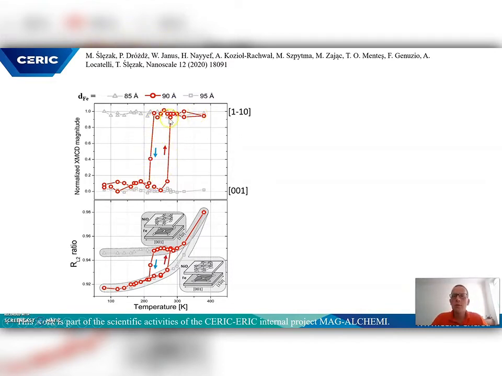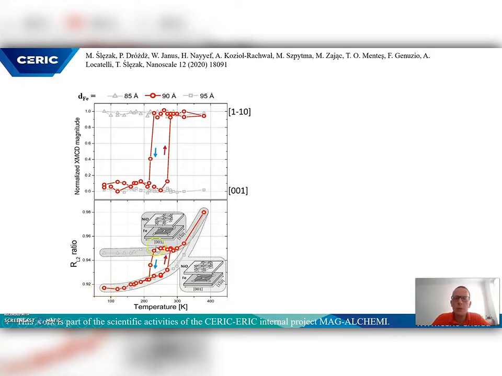And so we have this expected thermal hysteresis of transition. The most important thing now is to take a look at what happens with XMLD, what happens with the orientation of nickel oxide spins. And you see they rotate from in-plane 1-1 orientation to 001 orientation at low temperature.